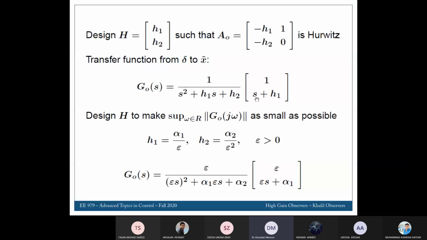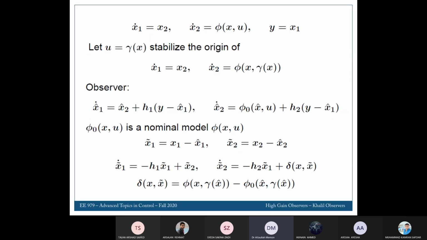Now let's very carefully look over here. I want to make this transfer function 0 because I do not want any impact from input to output. Input in this case is the difference between the two things, the actual model and the nominal model.